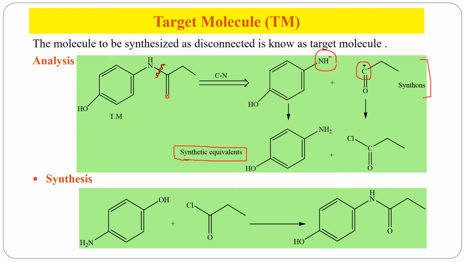For NH negative, amino-containing groups are used, and for the carbonyl carbon having positive charge, acyl halide or acyl chloride is used. Synthesis takes place by using para-aminophenol and an acid chloride, and here it is our target molecule.